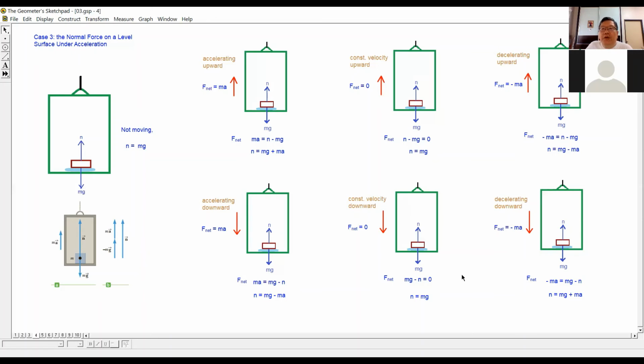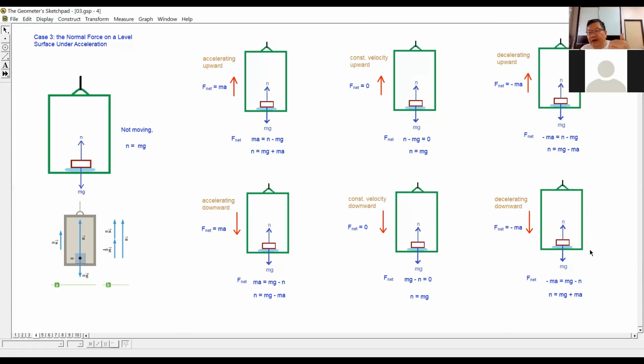So how do we start off the third case? The third case, net force equals what? Negative ma, which equals the downward force minus the upward force. Correct.